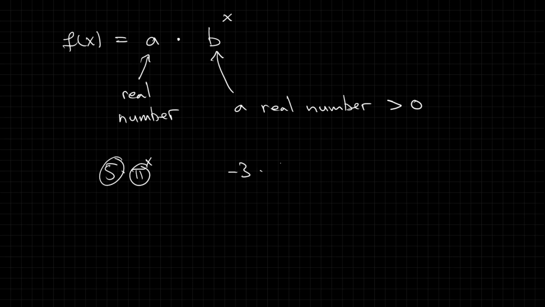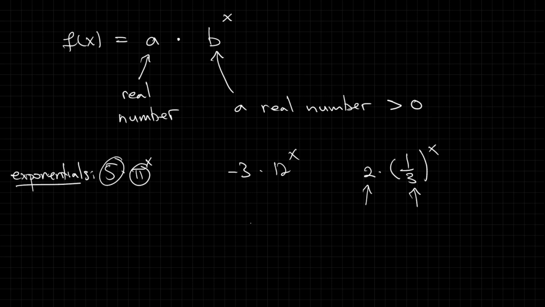Negative 3 times 12 to the x would be an exponential function. 2 times 1/3 to the x would also be an exponential function because 2 is a real number and 1/3 is a real number greater than 0. So all of these are exponentials, and by exponentials, I mean exponential functions.